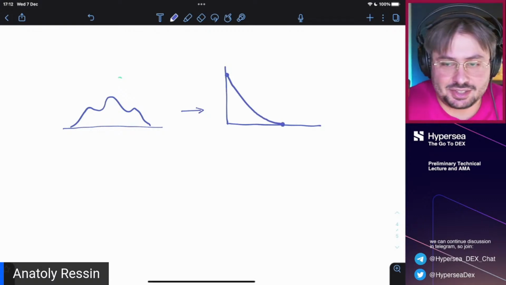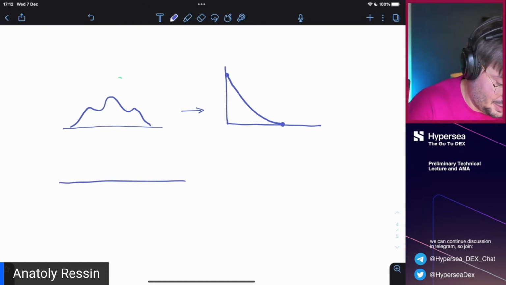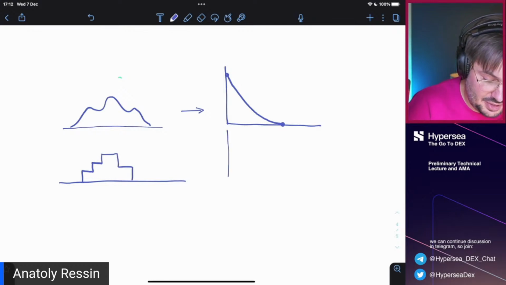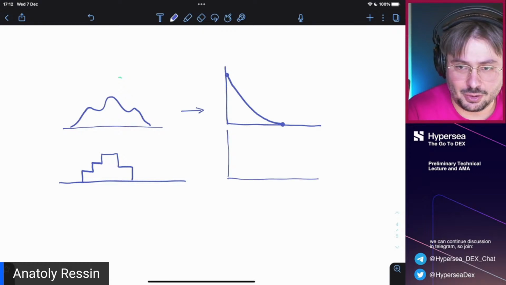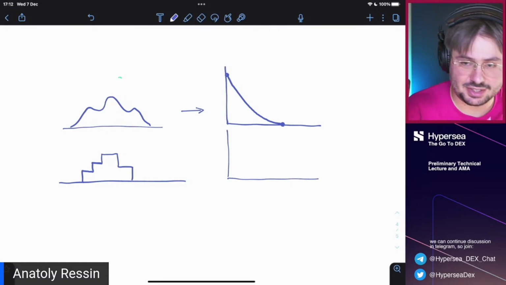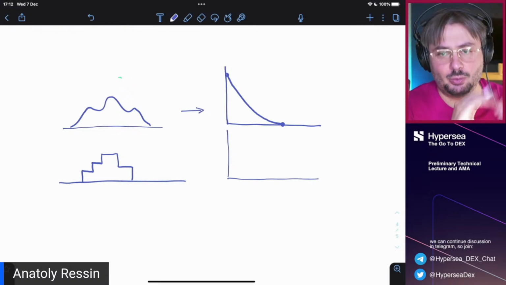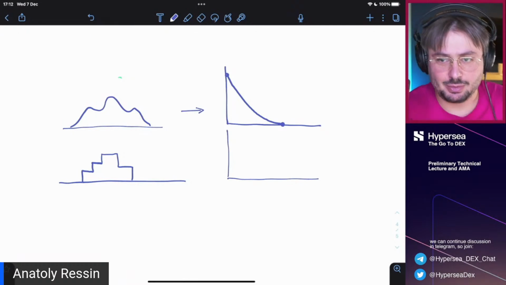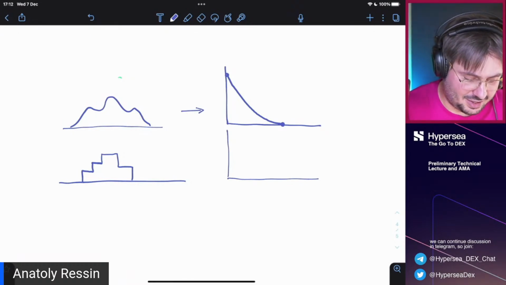And it is interesting that when we are using a piecewise constant function, then we absolutely replicate the behavior of Uniswap version 3. This was just a backtest. So if we are using the same distribution like in Uniswap version 3, then we get the same thing as Uniswap version 3.